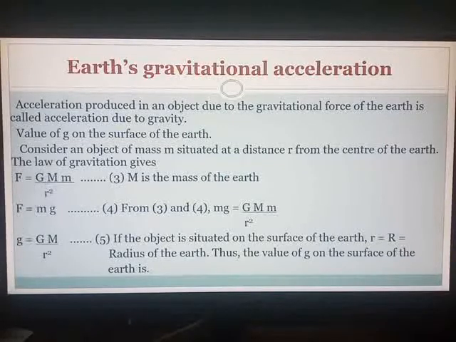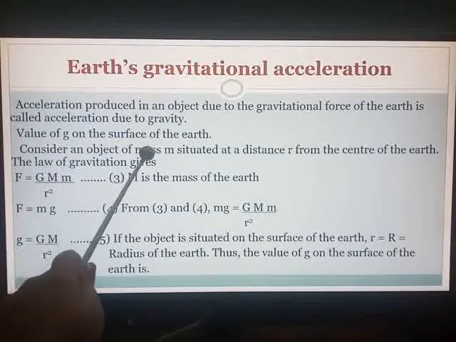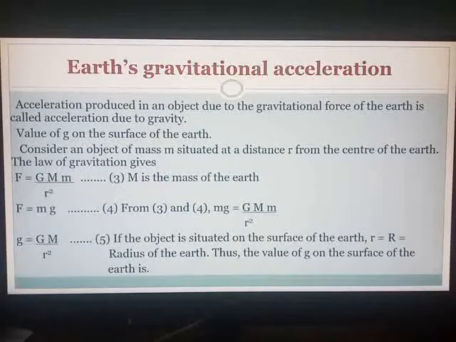What is M? M is the mass of the earth. What is small m? Small m is the object of mass m situated at distance r from the center of the earth. F is equal to mg. You all know force is equal to mass into acceleration. So what is g? G M upon r square.